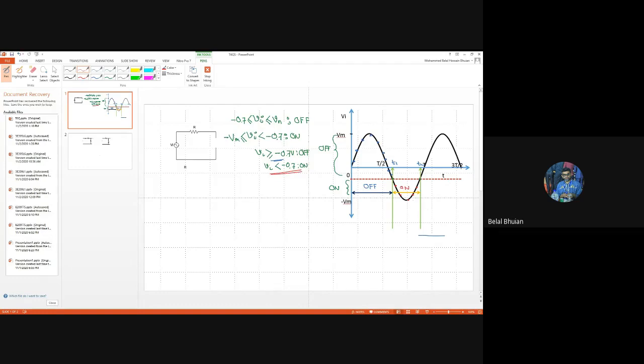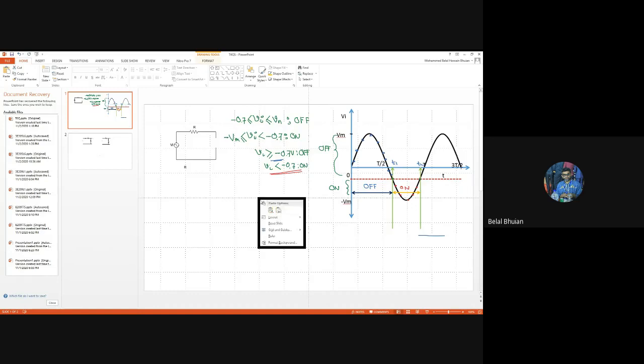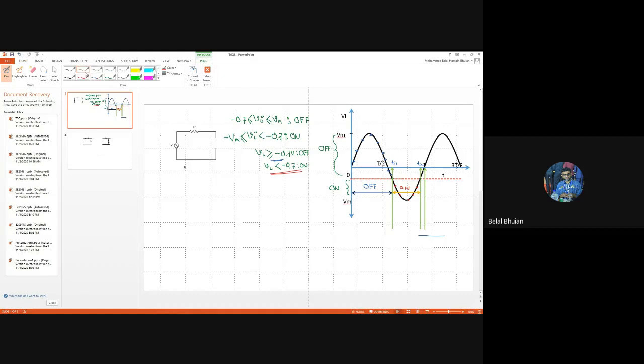Again, if I do this interval, it's too small, so look at here.